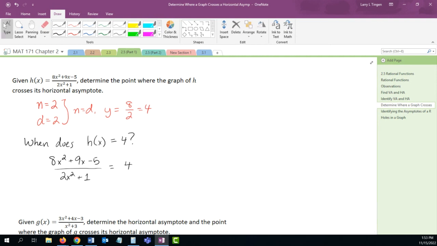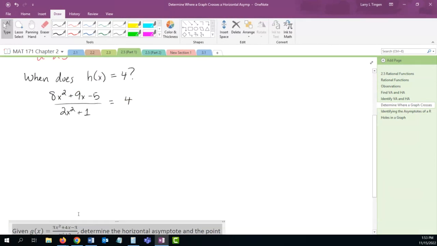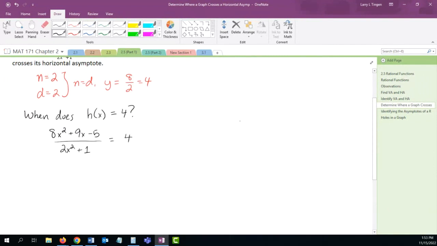How in the world do you solve that problem? Okay. Well, right off the bat, I have a rational function on the left and a constant on the right. I'm going to help myself out, make this into a proportion, because I know if two fractions are the same, their cross products must be the same.